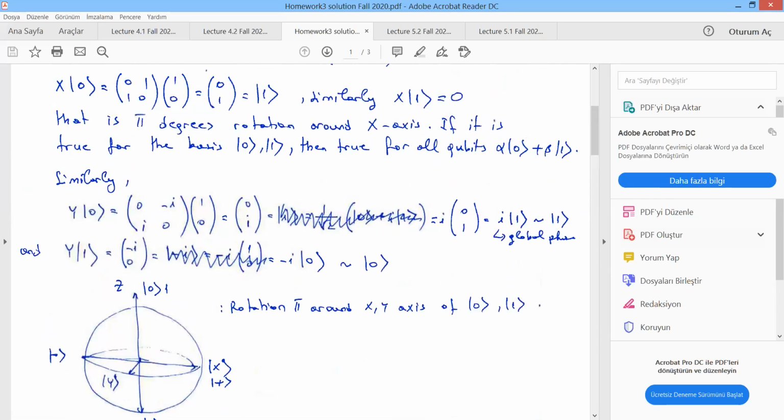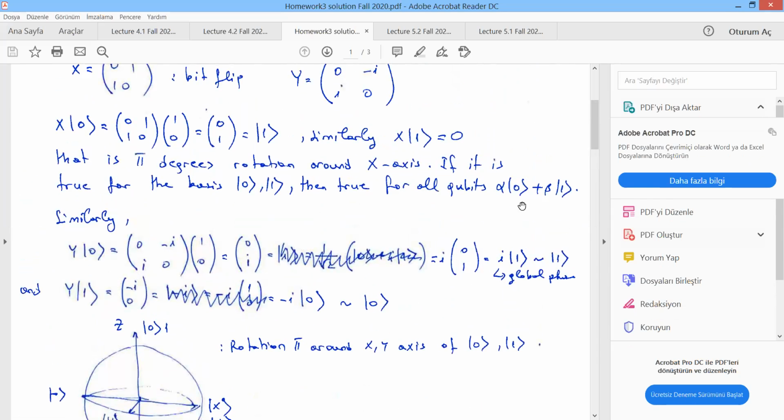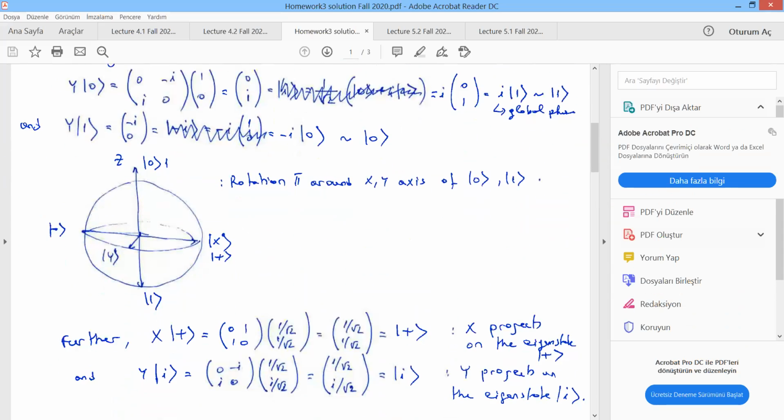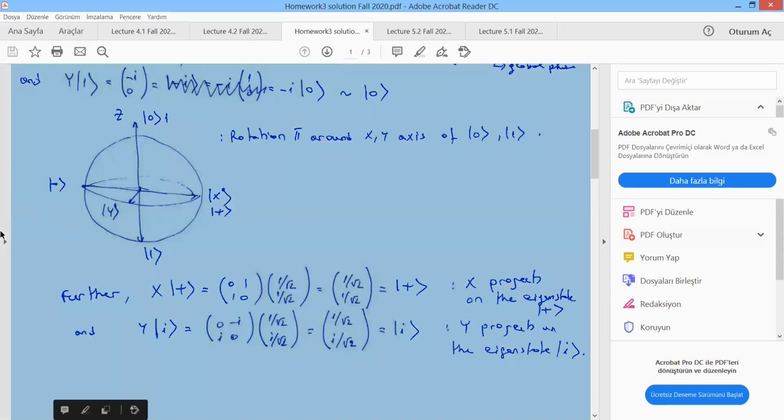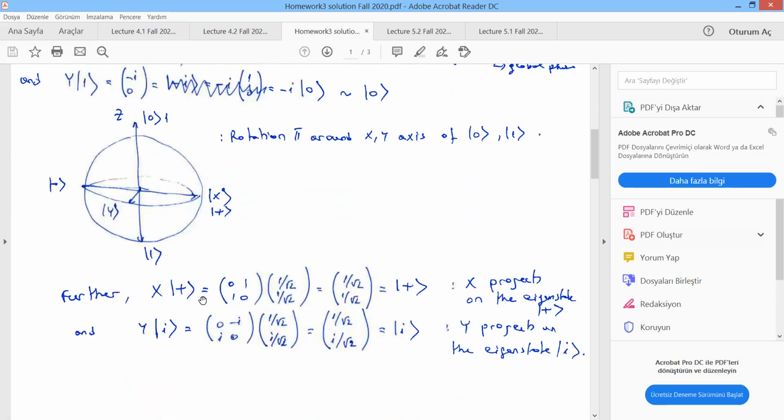So through the same argument, since Y rotates the basis by pi degrees, any qubit is also rotated because of the linearity of these operators. You can also further check the effect of X on plus.